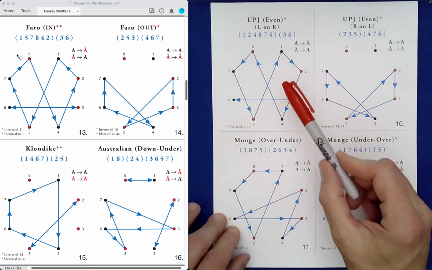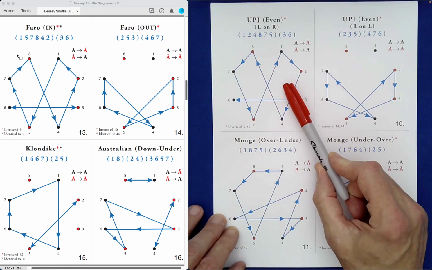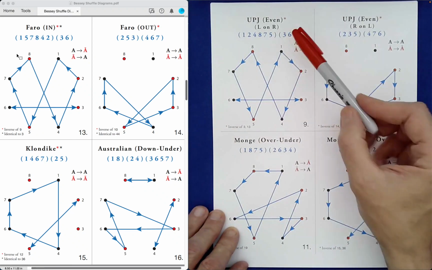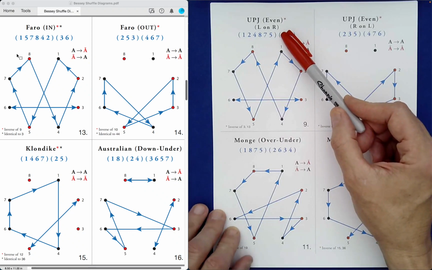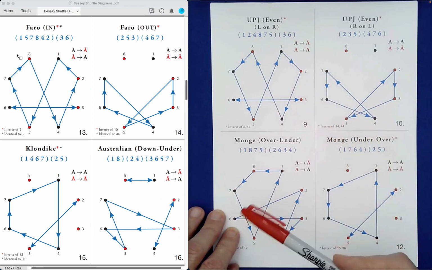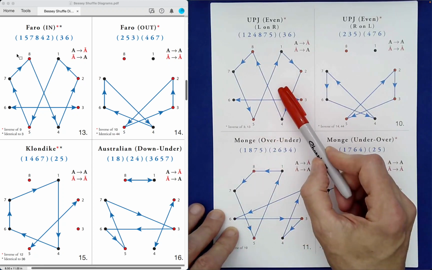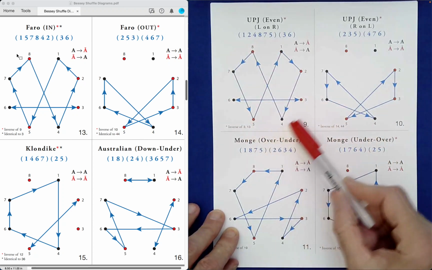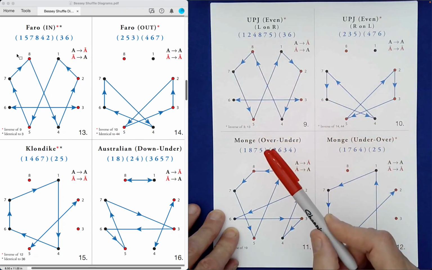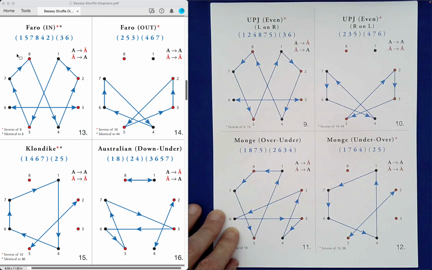As we can readily interpret right from their graphs, the even up jog in which we stack the left pile on top of the right is actually the inverse to the Pharaoh in shuffle. So it's the exact same diagram except for the fact that the arrows are reversed.